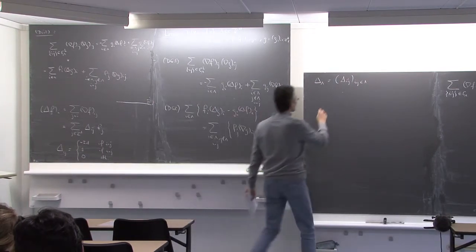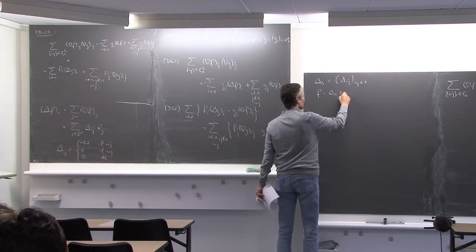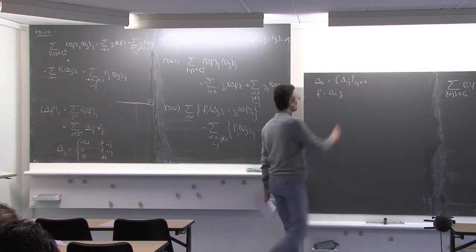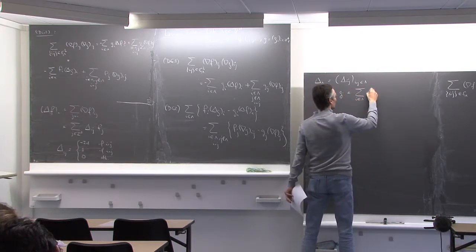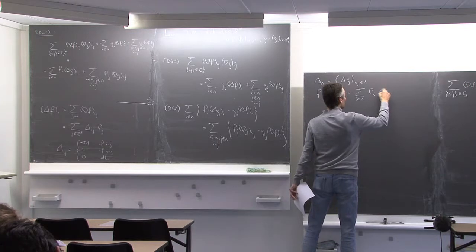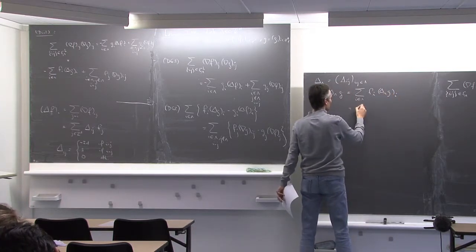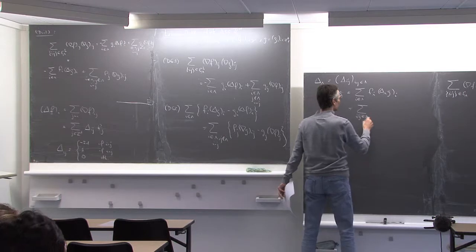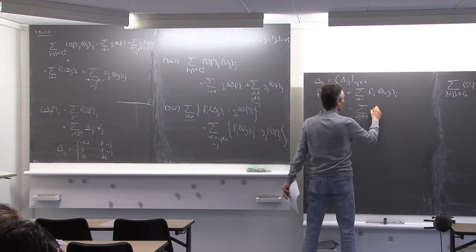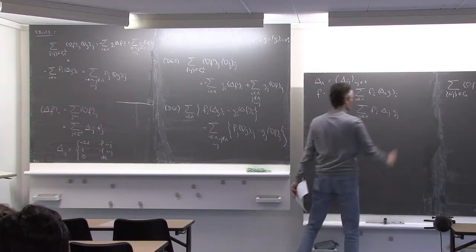In particular, I will write f Δ_Λ g, which is just by definition the sum over all i in Λ of f_i (Δ_Λ g)_i, and if I just write what this is, it is the sum over all i in Λ, j in Λ of f_i Δ_ij g_j. Okay.